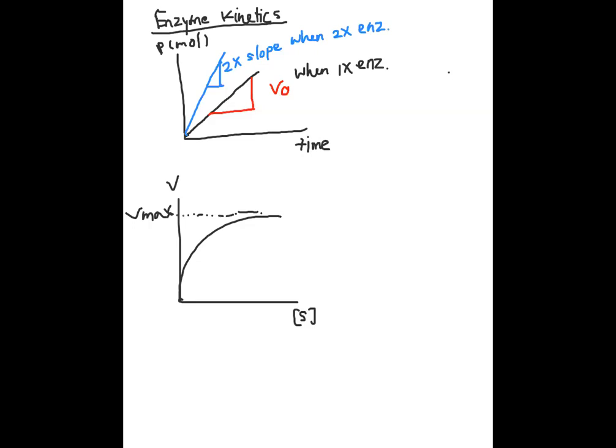And also there's a point where you have half Vmax. At this point, the concentration of substrate that gives you half Vmax, we call it Km, right? So Km is telling you how well the enzyme can bind to the substrate.